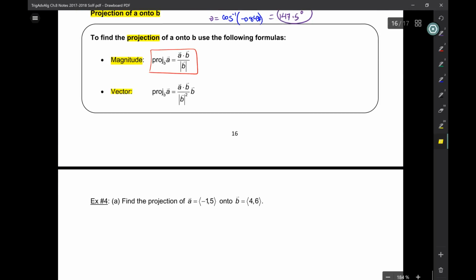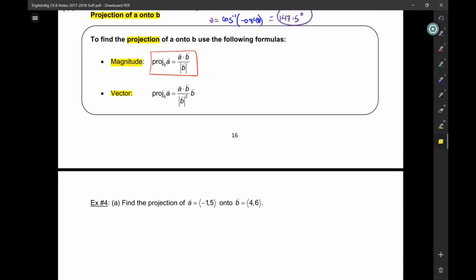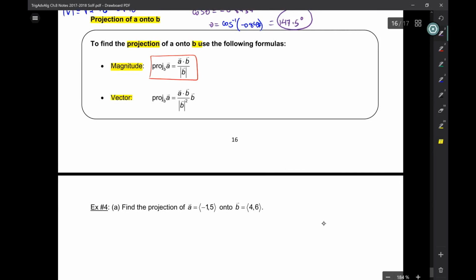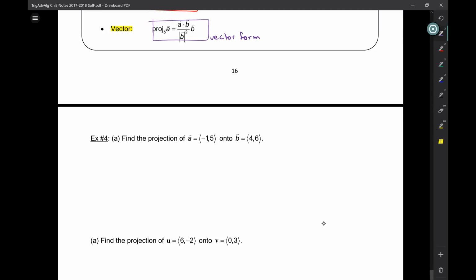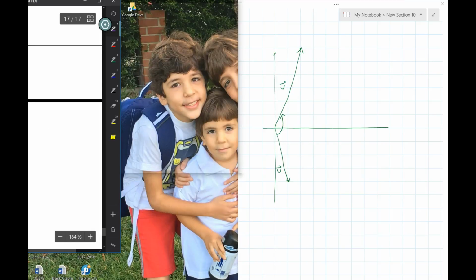The top one just gives you a number, how long the shadow is. This gives you the vector form. We're going to find the projection of A onto B. Let's draw that first and see what it looks like.